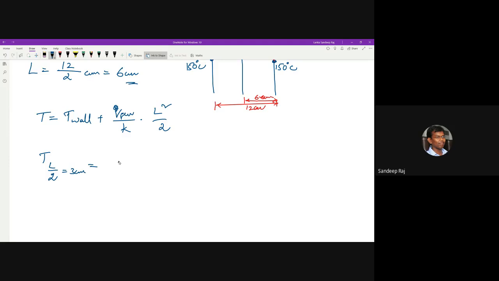So the T wall is given as 150 degrees centigrade, plus the Qgen is given as 10 to the power of 6, and the K value is given as 200. The L value is 3 centimeters, so 3 into 10 to the power of minus 2 meters whole square by 2. So somebody tell me what is this value. Calculate and tell me what is the T at 3 centimeters.